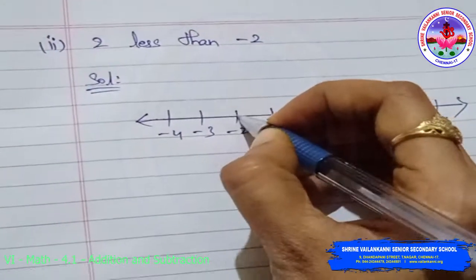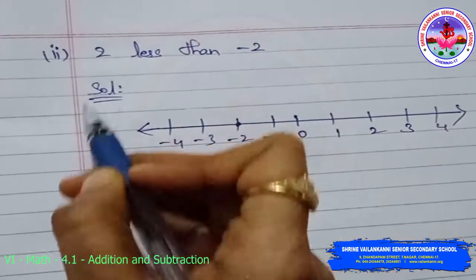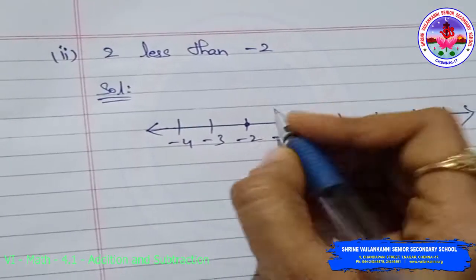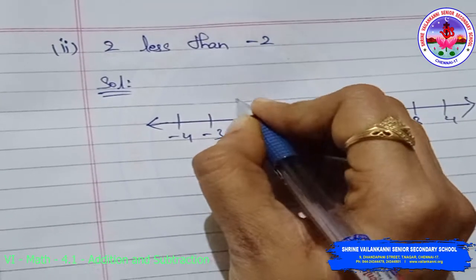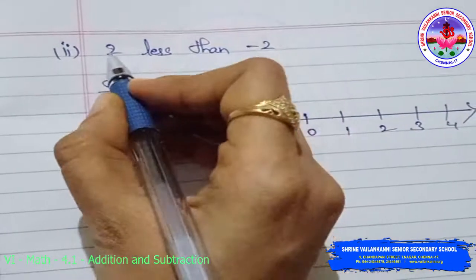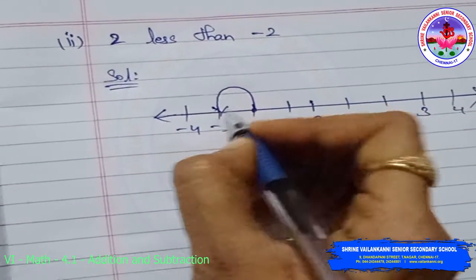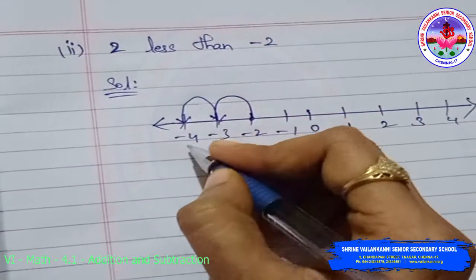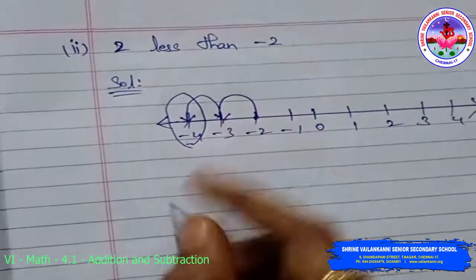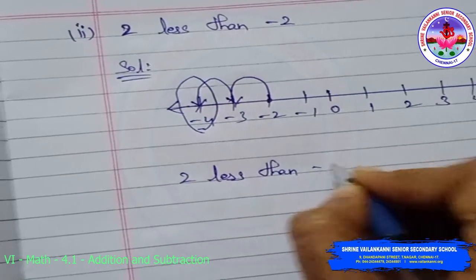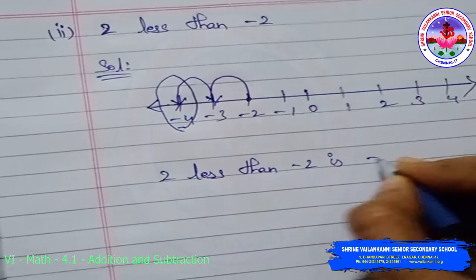Less than means move to the left side. So from negative 2, move to the left side: 1 and 2. The value is negative 4. 2 less than negative 2 is negative 4.